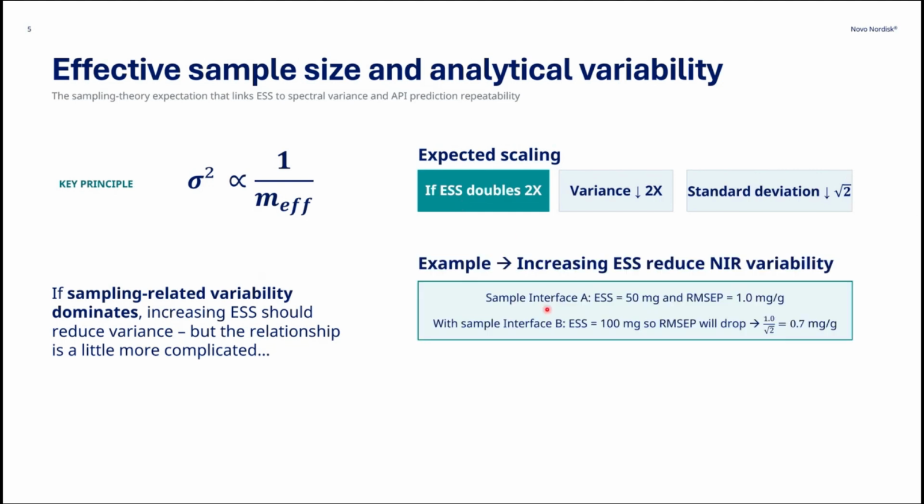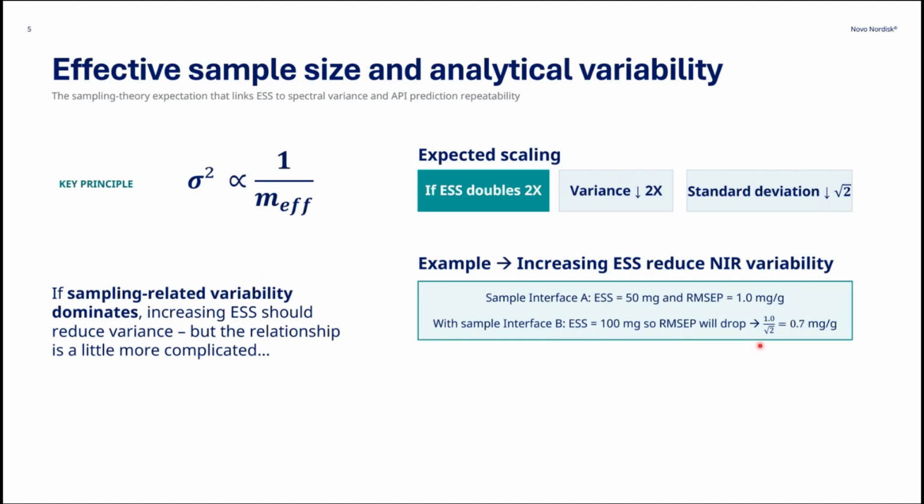So very simply, if we have a sample device where we have 50 milligrams as an effective sample size and an RMSEP of 1 milligram per gram, if we can choose another sample device where we double the effective sample size, our RMSEP will drop by 1 over square root of 2.